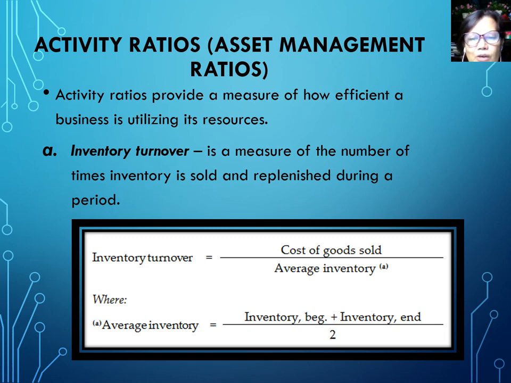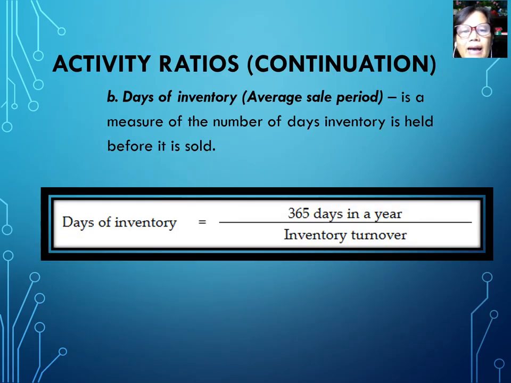Inventory turnover is equal to cost of goods sold over the average inventory. And then your average inventory is determined by adding the beginning inventory and ending inventory and then divided by 2. Okay? Next, another example of activity ratio is days of inventory or average sale period.